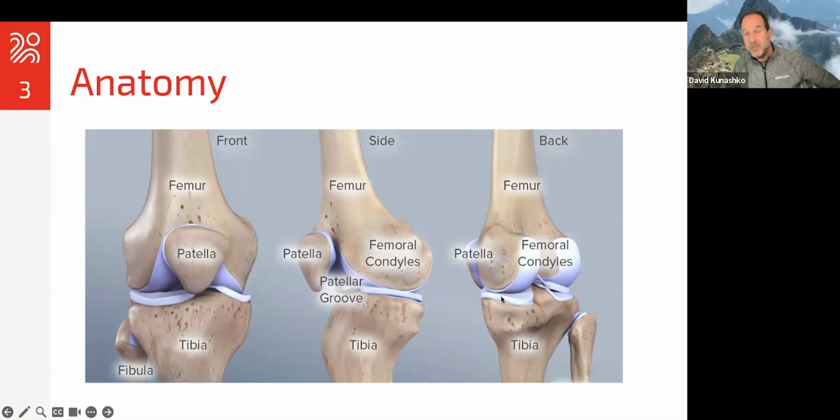You can see here on the far right, it has a nice view of it. And of course, you can see its cushioning in between. And with time, with injuries, all that kind of stuff, it wears and tears and it starts to degrade. And of course, in sports, especially if you plant your foot and you twist your knee, there are certain mechanisms that will lead to potentially tearing of the menisci.